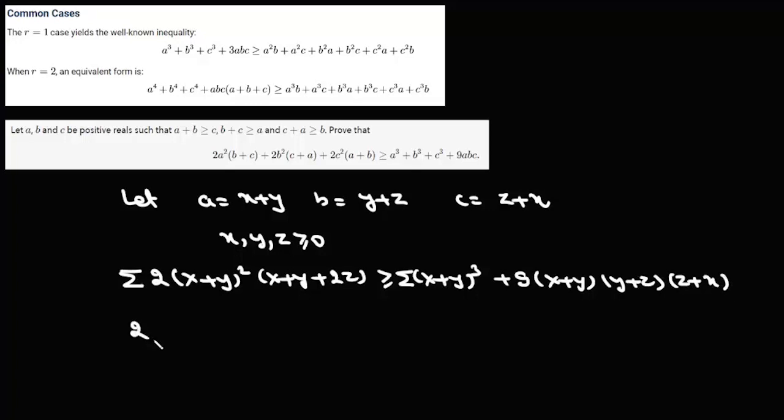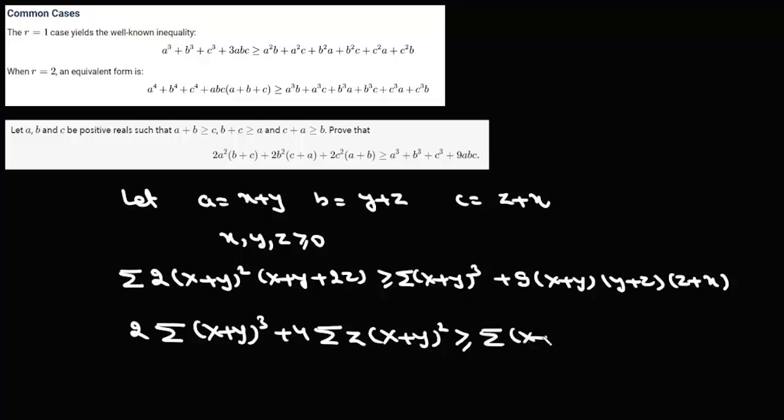Now we can write this as 2 times summation (x+y)³ plus 4 times this summation z(x+y)², which is greater than or equal to summation (x+y)³ plus 9 times (x+y)(y+z)(z+x).